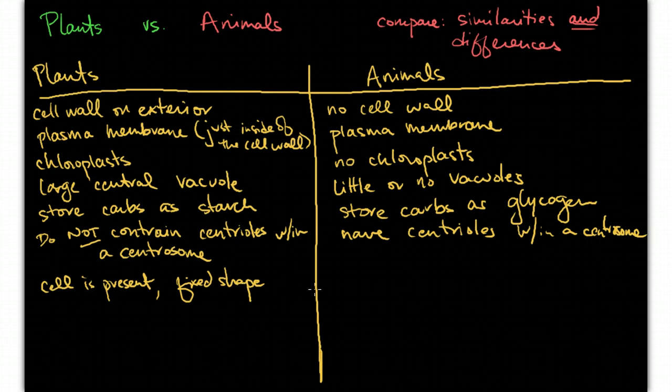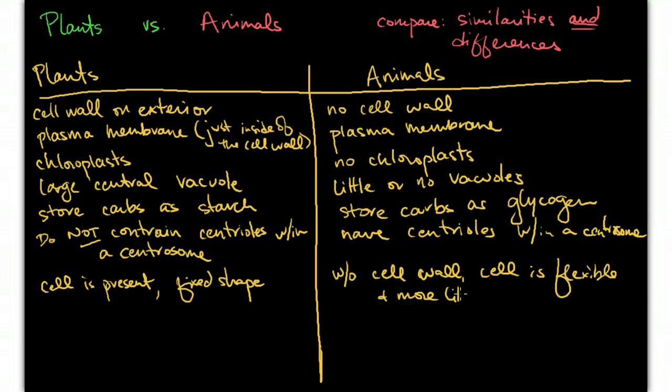It's not mutable or not changeable, but because animals don't have that cell wall, the cell is flexible and more likely to be round in shape. Now these are all differences.